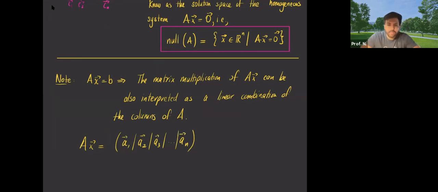All these are the column vectors of A, and I multiply it by x1, x2, all the way to xn. When I perform matrix multiplication, I can also treat it as x1 being multiplied by the column vector a1, the first column of A, and then x2 times a2, plus dot dot dot, all the way to xn times an.